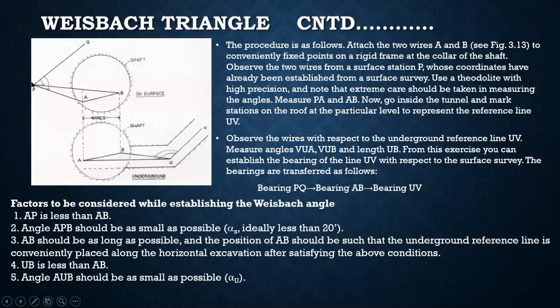From that point onwards we are trying to establish an underground reference line called UV, based on underground stations, and we are trying to transfer the coordinate system underground. What we do here is transfer the bearing of PQ to the bearing of AB, and from that we transfer the bearing of UV.